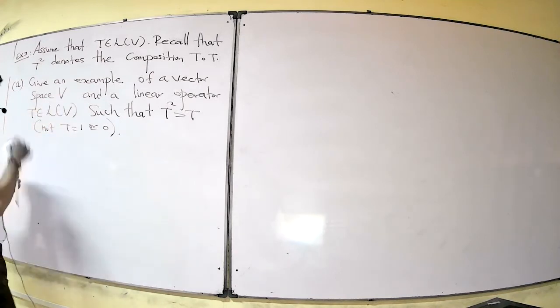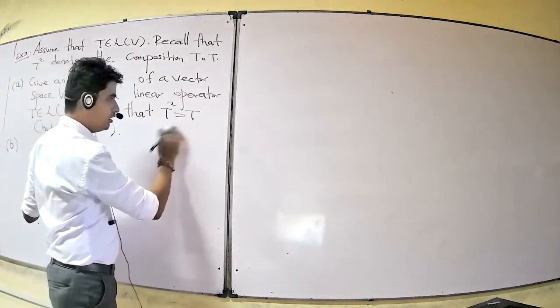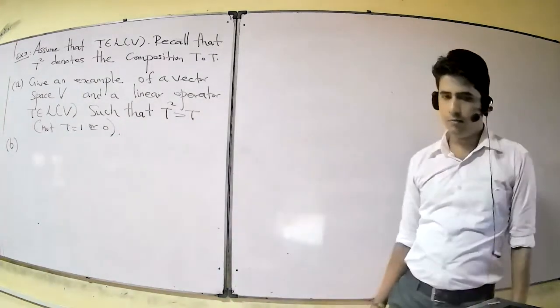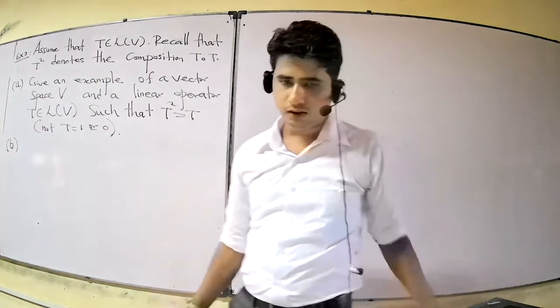You want to give the example for this part, right? For this condition, T squared equals T, you want to give one example, right? But T does not take the value 1 or 0, okay?